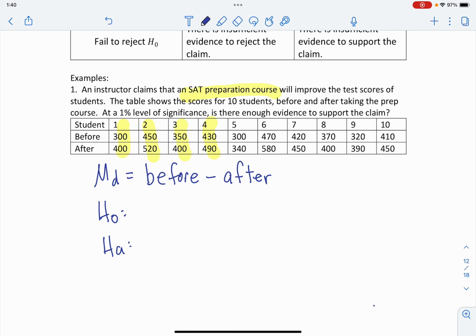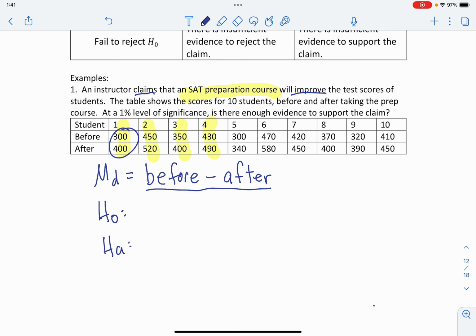Okay, so in this one, the instructor's claim is improvement. So if we subtract in this order, before minus after, what would that result in? For example, let's look at that first student. Before minus after, 300 minus 400 is a negative number, and that indicates improvement.